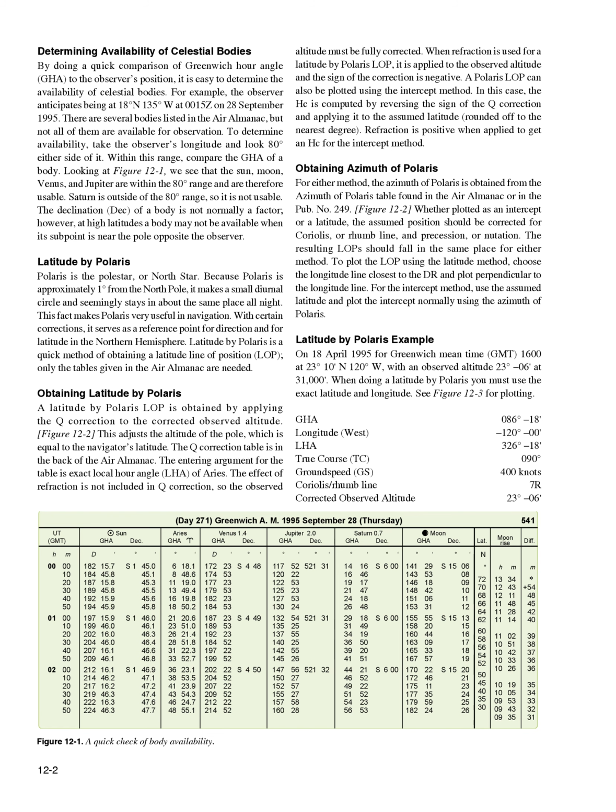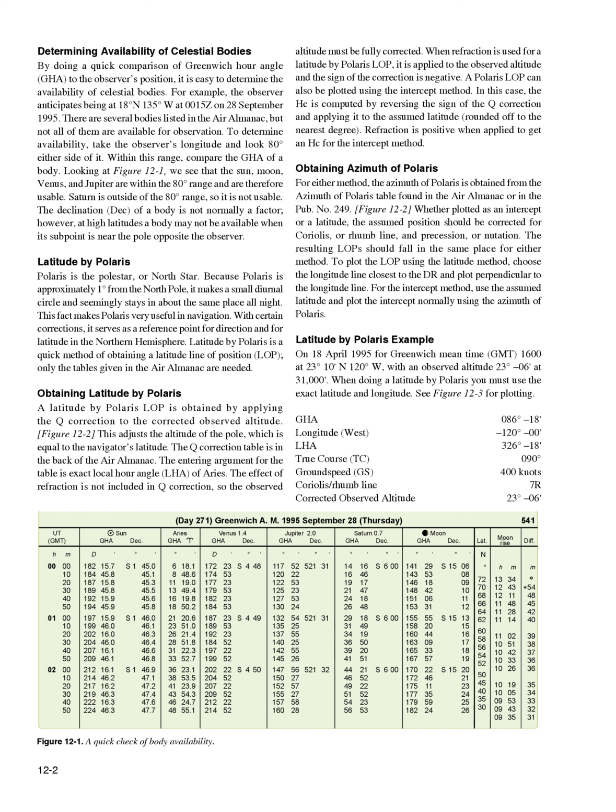Latitude by Polaris example. On April 18, 1995, at Greenwich Mean Time, GMT, 1600, at 23 degrees 10 north, 120 degrees west, with an observed altitude of 23 degrees 06 at 31,000. When doing a latitude by Polaris you must use the exact latitude and longitude. See Figure 12.3 for plotting. GHA 086 degrees 18, longitude west 120 degrees 00, LHA 326 degrees 18.